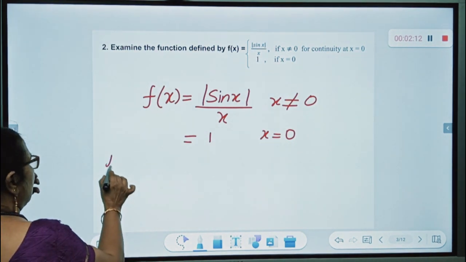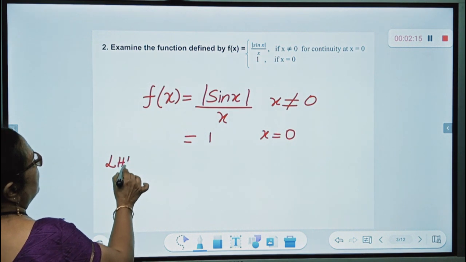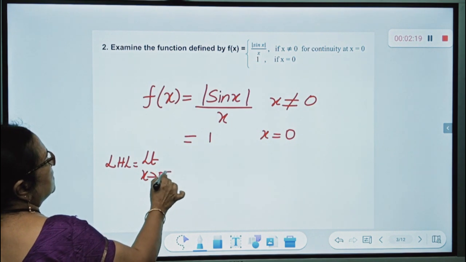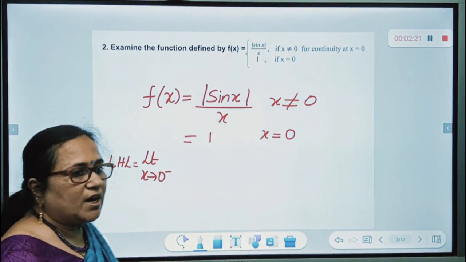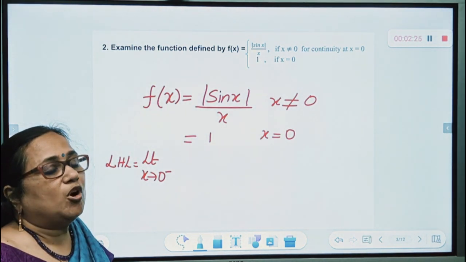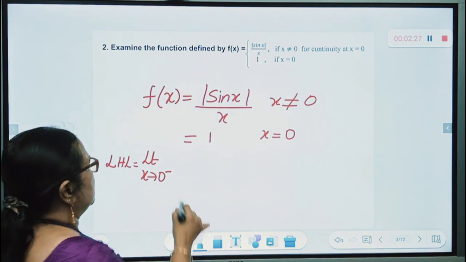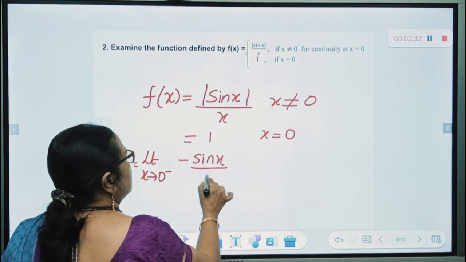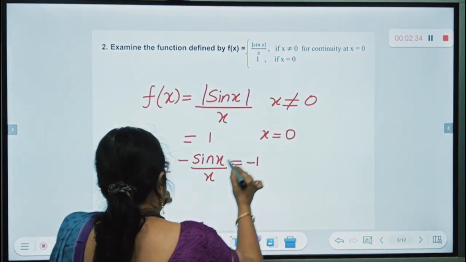So what will be the left hand limit? Left hand limit, which is limit x tends to 0 minus. So 0 minus means we are looking at minus pi by 2 to 0, where we know modulus of sin x is minus sin x. So you get minus sin x by x, which is equal to minus 1.